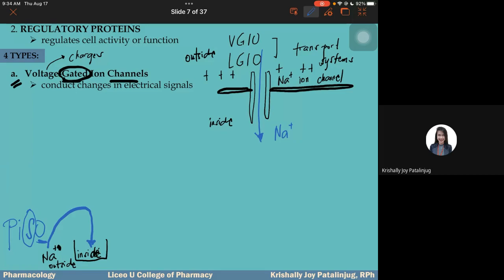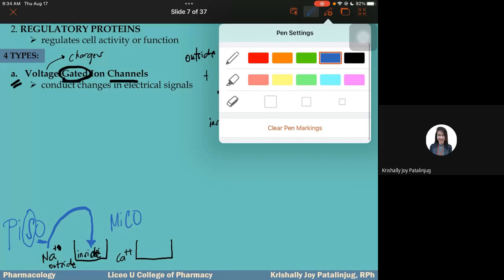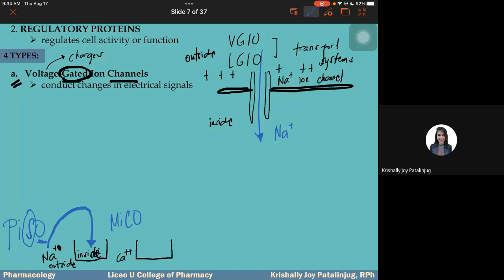Let's have another example. Let's say, not potassium, calcium. Calcium ion channel. So 2 plus. That's why I write two positive charges, because the calcium ion carries a 2 plus charge. Recalling the mnemonic, where can we find calcium ion? Normally found inside or outside? They are found outside.